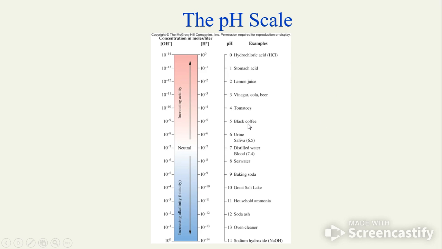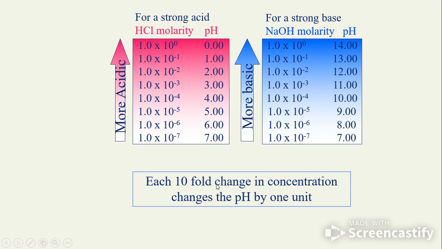You can see black coffee pH 5. Basically here, the lower the pH, the more acidic, and the higher the pH, the more basic, as can be observed from here. And each 10-fold change in concentration changes the pH by 1 unit.